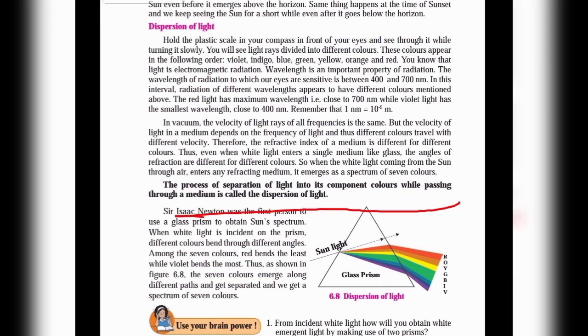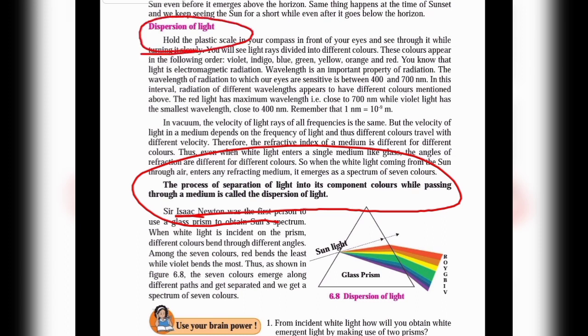Dispersion of light means the process of separation of light into its component colors while passing through a medium is called the dispersion of light. This point is given in a very simple way, and it is very important.